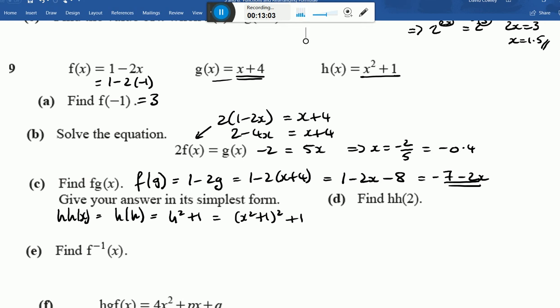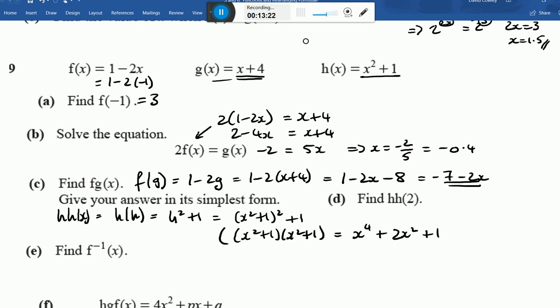Let's multiply this bracket out carefully. x squared plus 1 times x squared plus 1 is equal to x to the power of 4 plus x squared plus another x squared, plus 2x squared, plus 1 times 1 is 1.